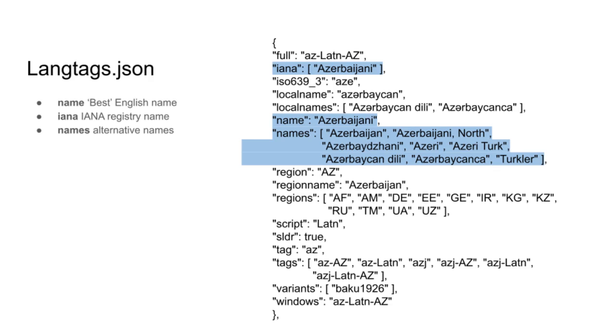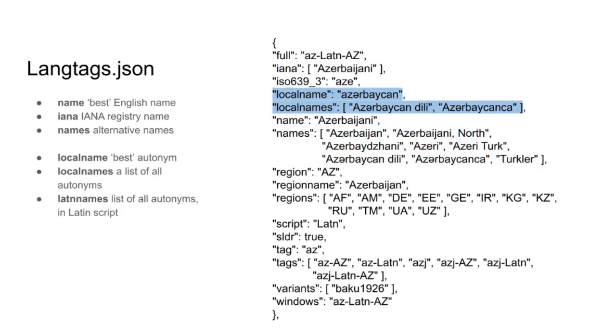So we go through and we try hard to make sure that the name field there is a good name that you can use, that it's safe. This basically comes from the Ethnologue. And then the names list as well is a bunch of other names that the Ethnologue has. And in this case, the name happens to be the same as the IANA name, and it's not in that other list. So getting the right name of a language can be quite tricky, and we do our best to help you with that.